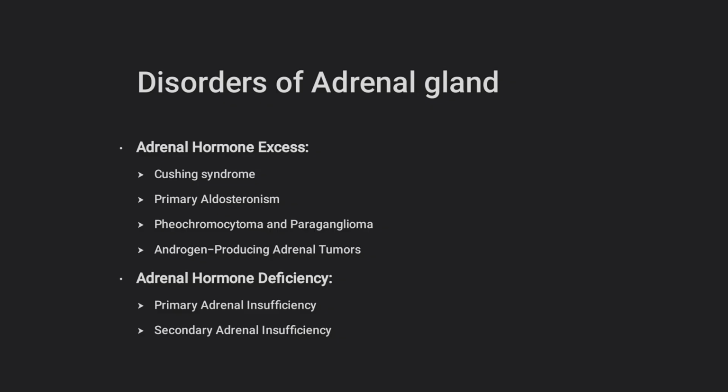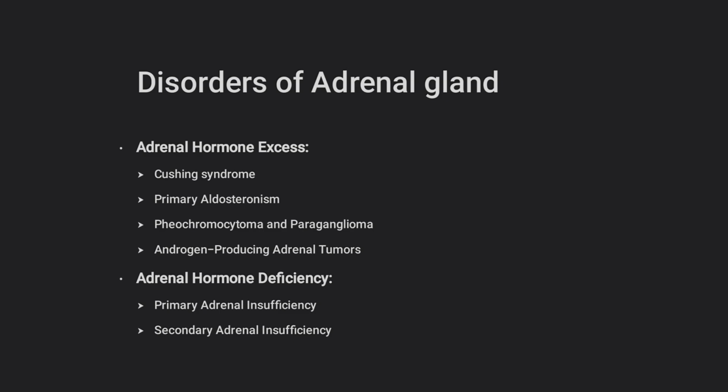In case of excessive secretion of adrenal hormones, we have four diseases here, three in the cortex, one in the medulla. The first one, Cushing syndrome. This is because of high secretion of cortisol. Then comes primary aldosteronism, which is because of high aldosterone, or aldosterone is so much secreted in the blood.